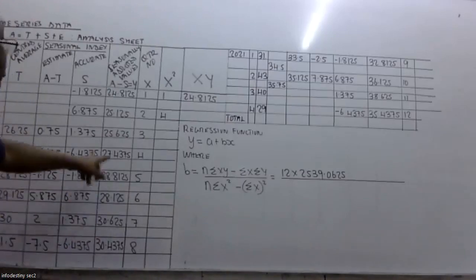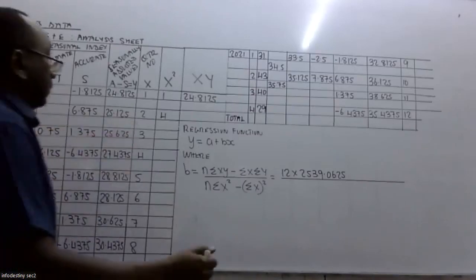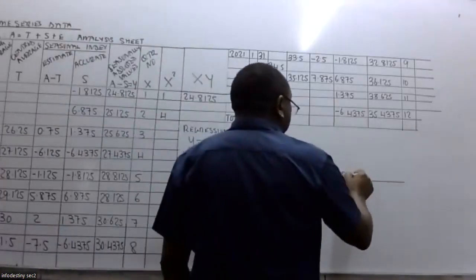Good. Let's add now this one so that we get sum of x. Sum of x is 78.